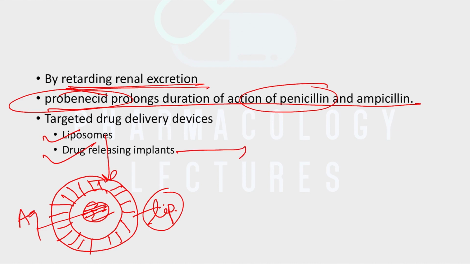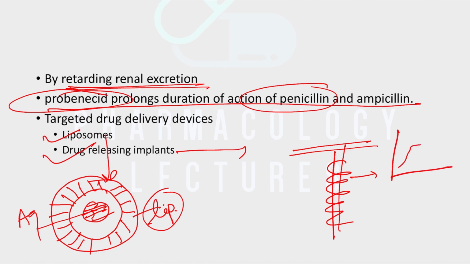And second is drug releasing implants, and we have seen in the case of copper T, the drug-releasing copper T. This copper T with drug releases the drug gradually, and the plasma concentration can be maintained above the therapeutic level for a longer time, and it can produce its actions for 6 months or 8 months as well. So these are the different ways of increasing the duration of action.